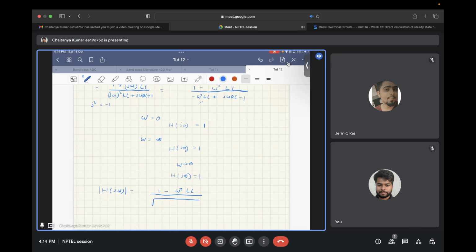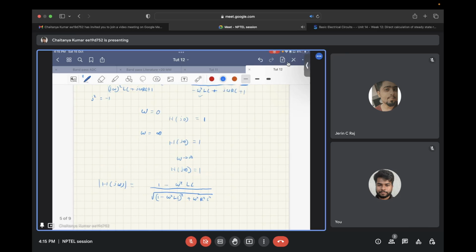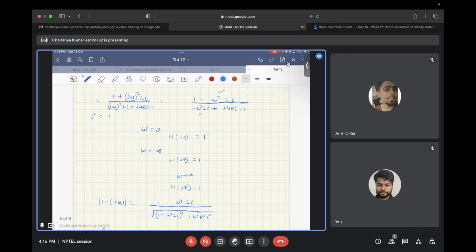The real part is 1 minus omega square LC, squared, plus the imaginary part, omega square R square C square. The numerator won't have any phase shift as it is completely real, so only the denominator will contribute to phase shift.